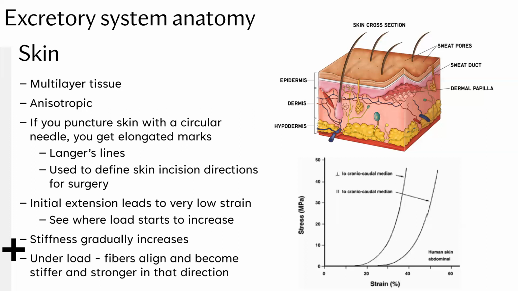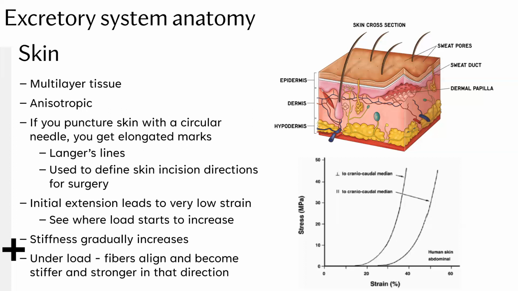Apart from that, the other thing which is quite interesting is that the mechanical properties vary as you introduce high levels of stress and strain. As you can see, the stress-strain curve is non-linear, but in a very special way.